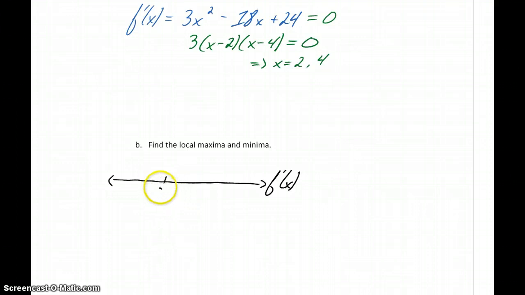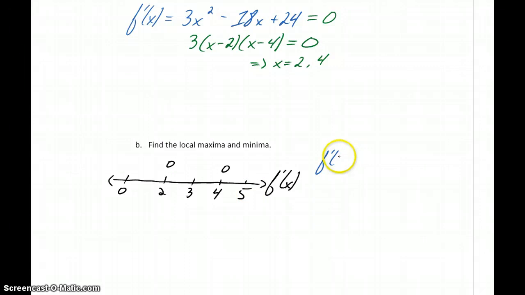So now that we have our critical values, we can identify any maxima or minima by identifying our two critical values and then choosing test points in those open intervals. In this case, we've got 0, which is always pretty much the easiest point to choose if we can, 3 and 5.